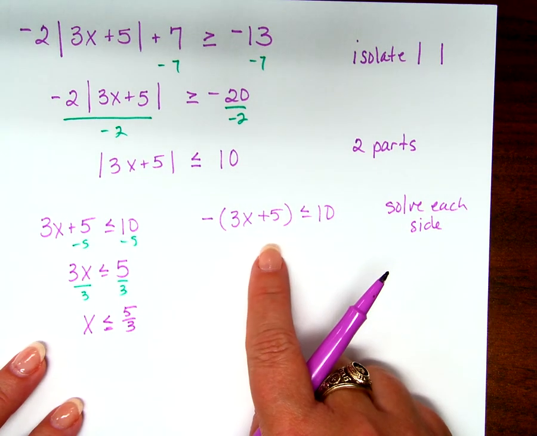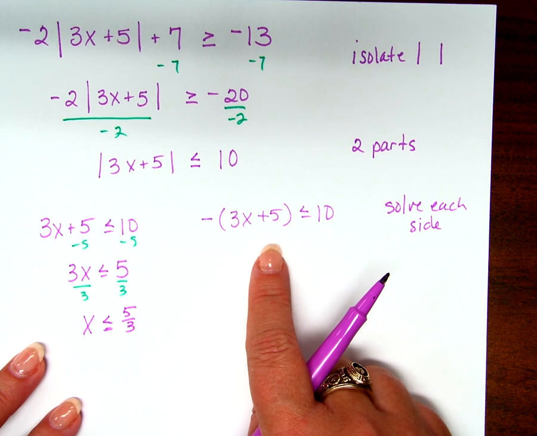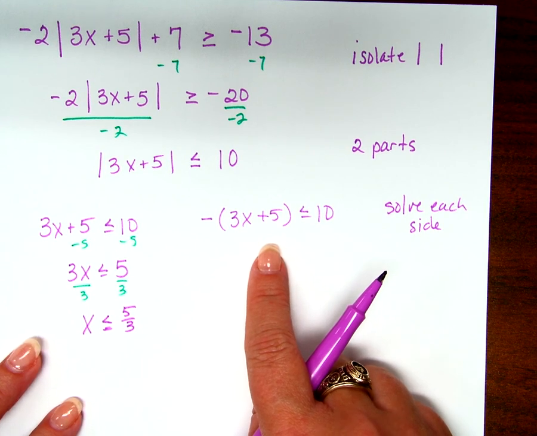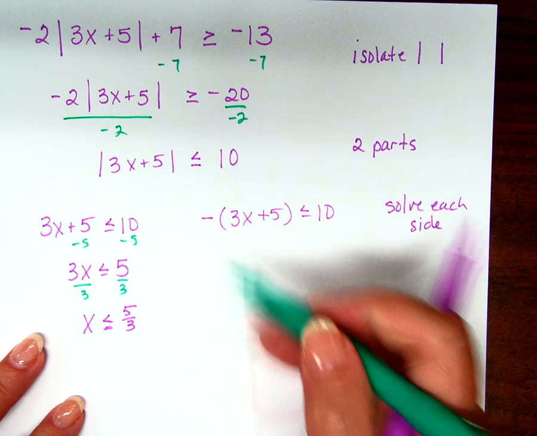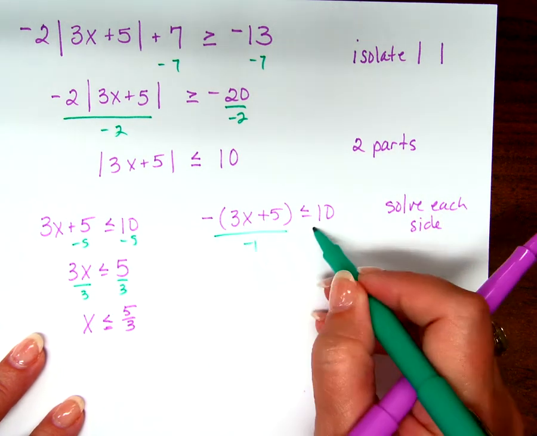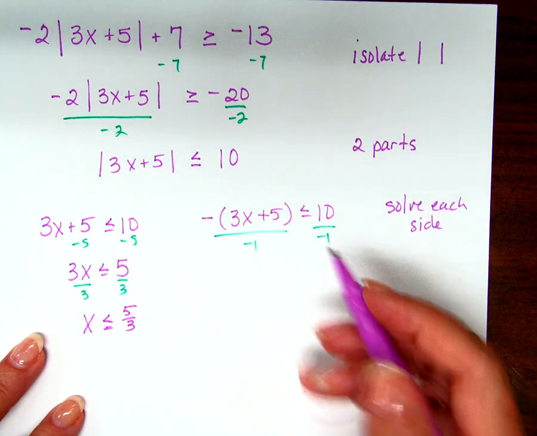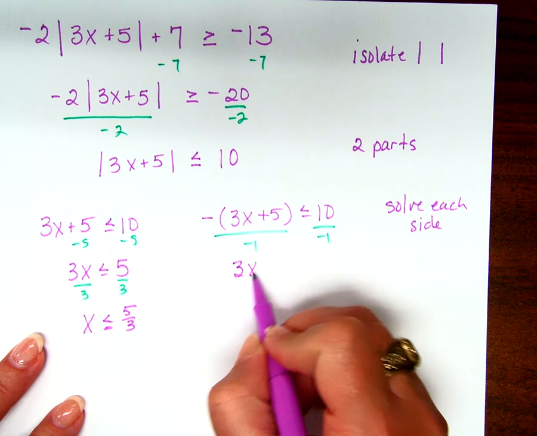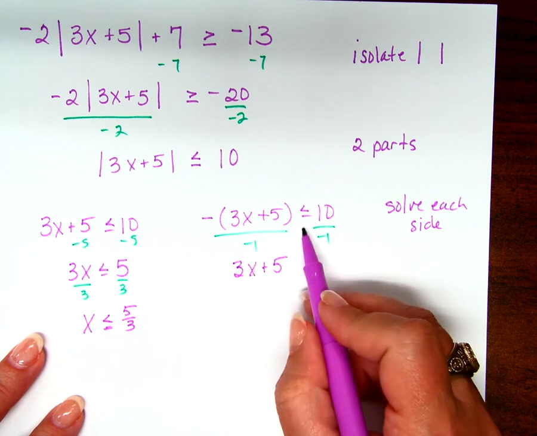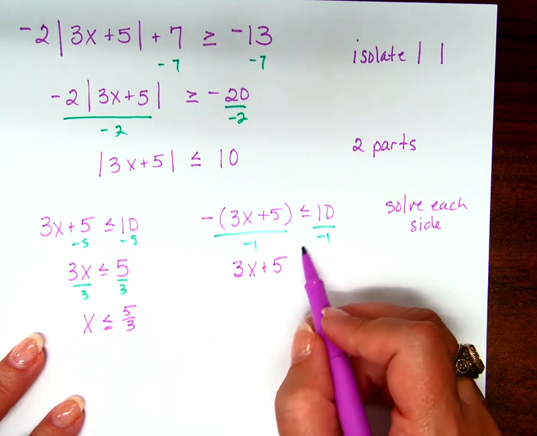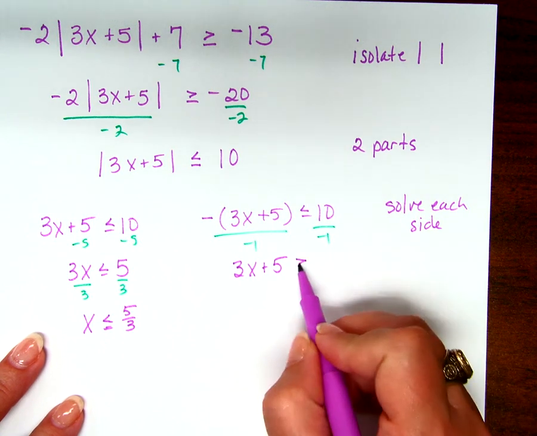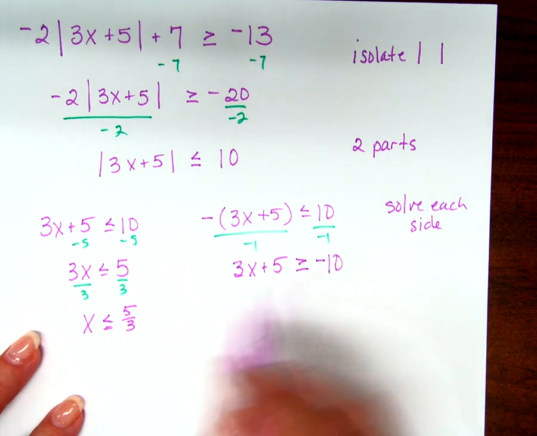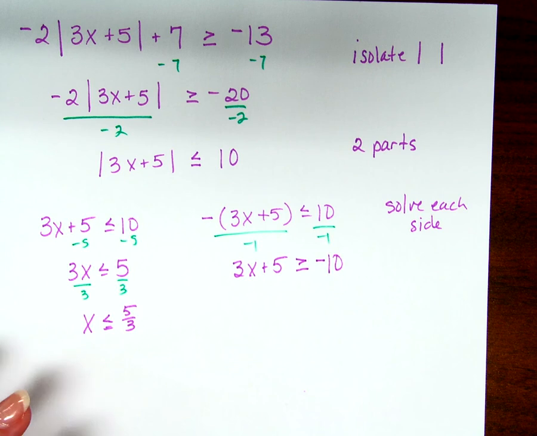What about over here? So we could distribute, right? A lot of people like to not distribute. They actually like to divide by -1 first. Do you remember why they like to divide by -1 first? Are you more likely to remember to flip this sign at the very beginning of the problem or at the very end? Most people are more likely at the very beginning because that's still in their range of knowledge, right?